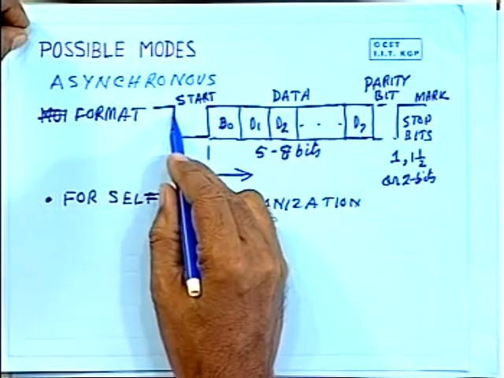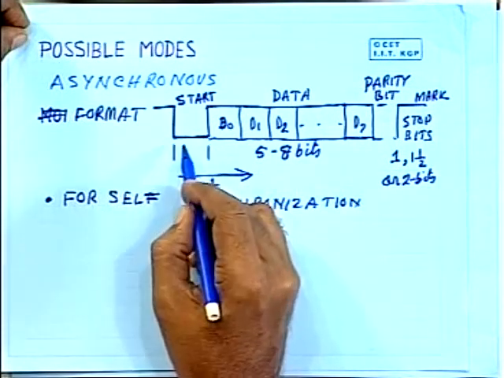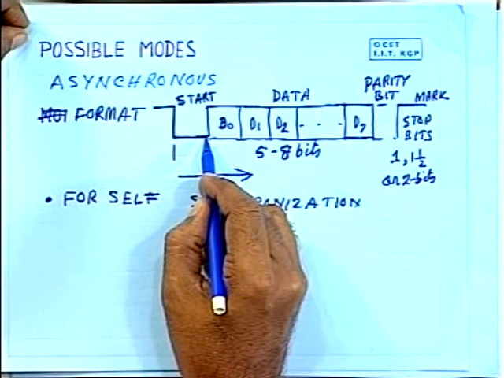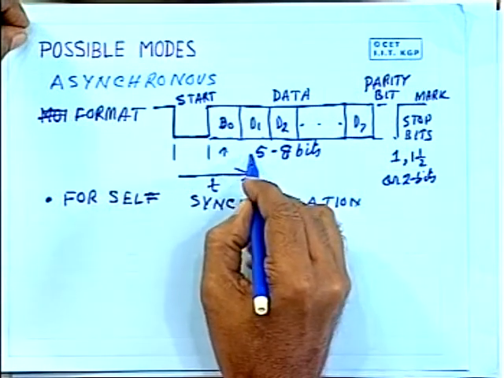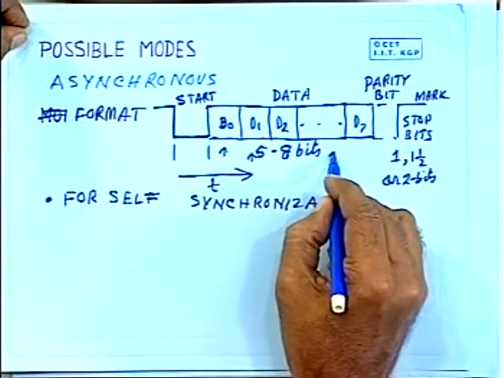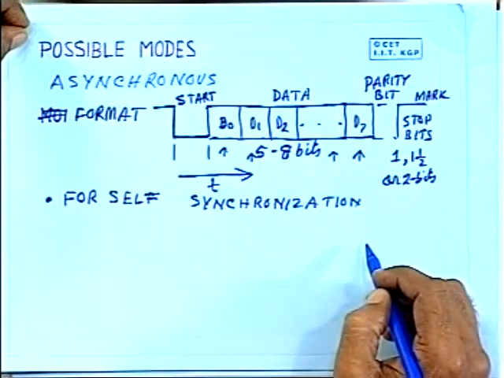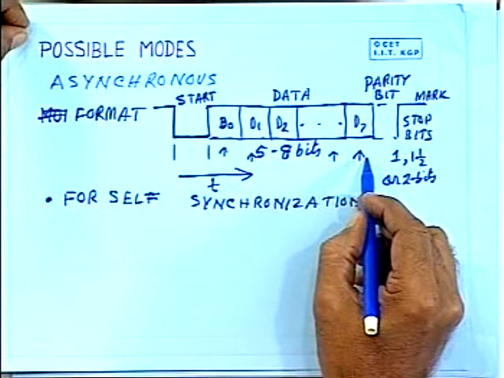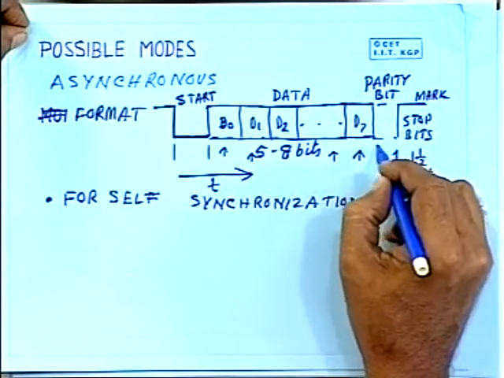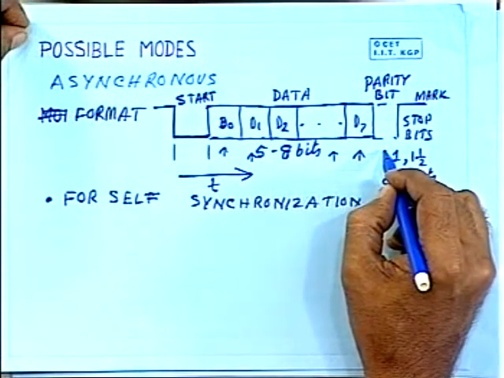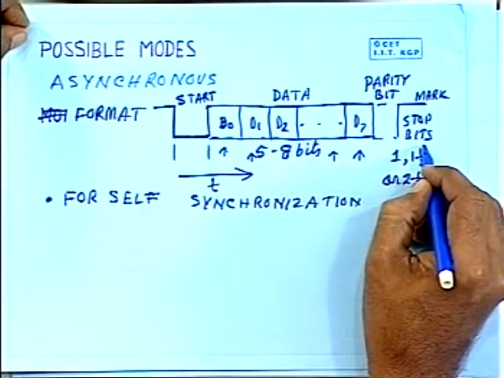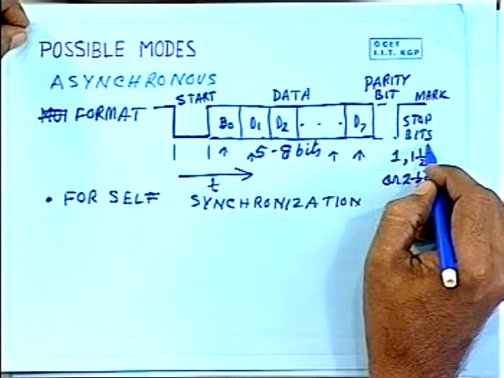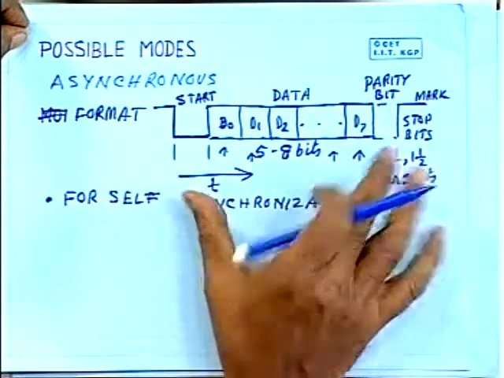So, after a start bit comes, the receiver is ready to receive the data, and then it will keep on sampling in the middle of each of these bits to get the data. In this way it will receive 7 bits, and for error detection purposes this parity bit is being used, and then again it will receive the stop bits, and after the stop bits are over, the full character is received.